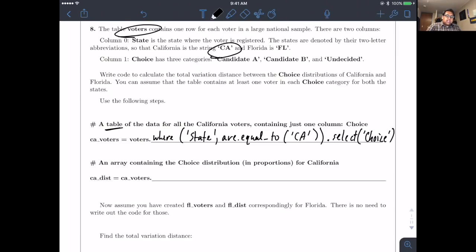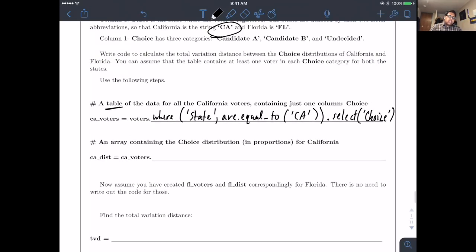So now all we have is a one column table. The column name is choice, and then it'll say like candidate A, candidate B, undecided, candidate B, candidate A, and however many there are, right? But see, now the annoying thing is there'll be multiple candidate A's, multiple candidate B's, multiple undecideds, right? So what we would like is to have a simple way to just look at the total number of votes that each candidate got, right?